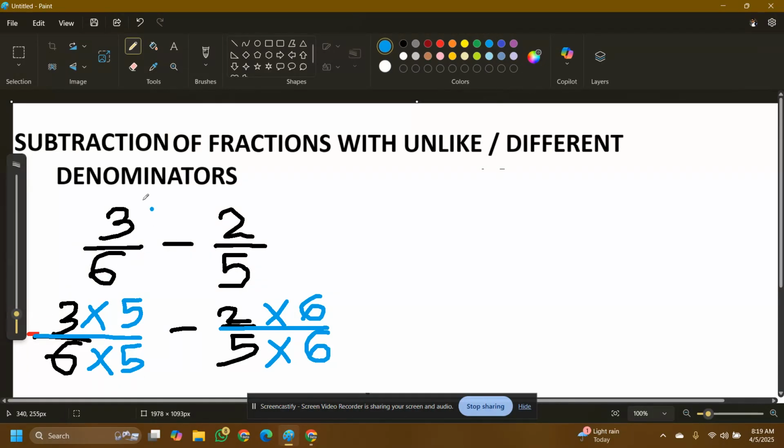That means the question has remained unchanged. Similarly, on the right side, we have 6 over 6, which is equal to 1. So 2 over 5 remains unchanged. That would be 15 over 30 minus 12 over 30.